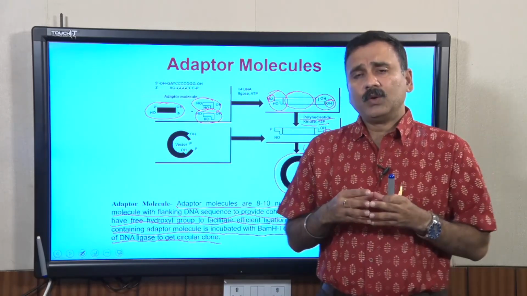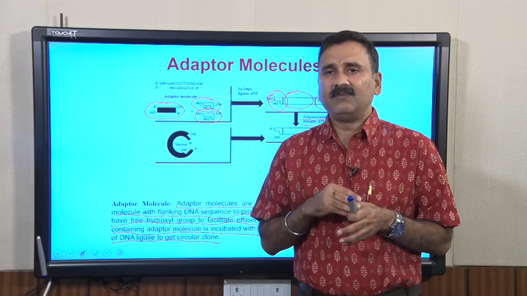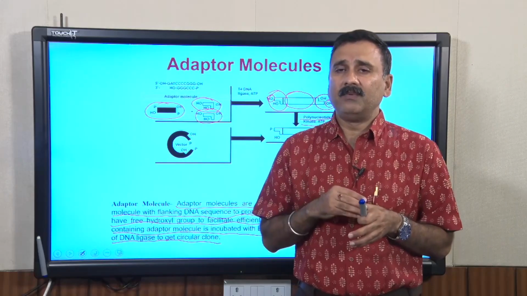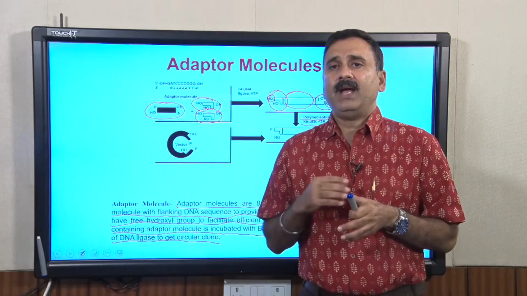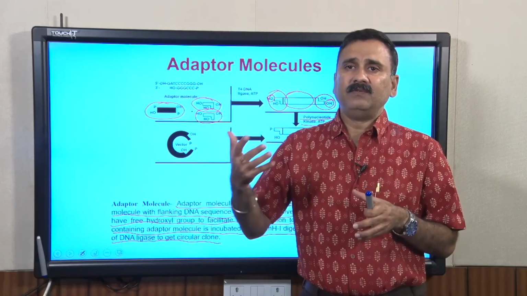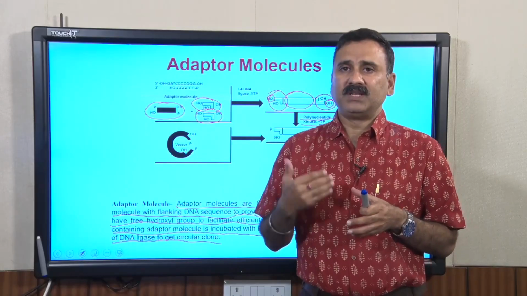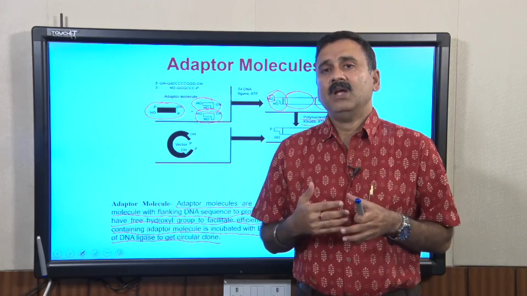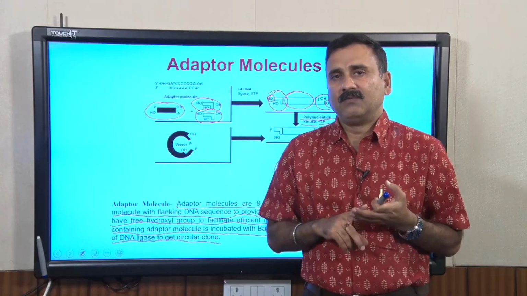And we have also discussed the different types of restriction enzymes, their relevance in protecting the bacteria or microorganism from foreign DNA, and the utility of these restriction enzymes in molecular cloning. Apart from restriction enzymes, we have also discussed the ligase as well as the alkaline phosphatase.